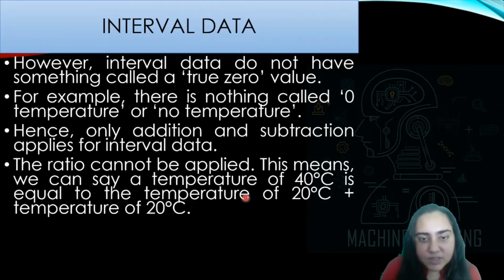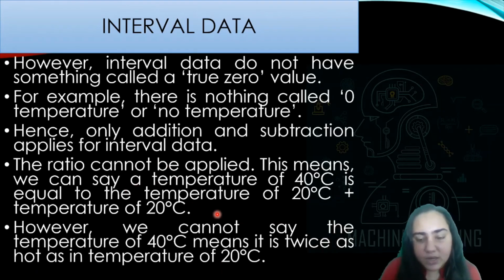This means we can say that a temperature of 40 degrees is equal to 20 plus 20 degrees, because we can do addition. But we cannot say that 40 degrees means twice as hot as 20 degrees. We can't say that, because there is no 0 degree, zero temperature or no temperature when we talk about interval kind of data. So we cannot say this, but we can say this.